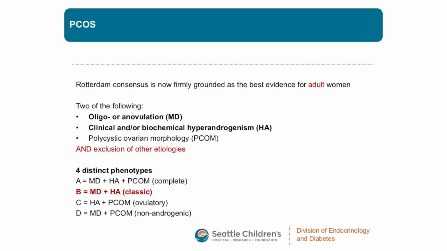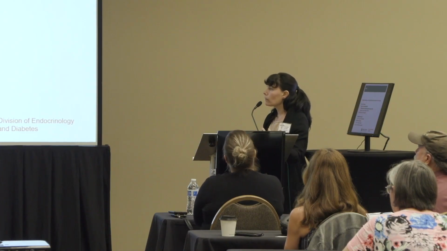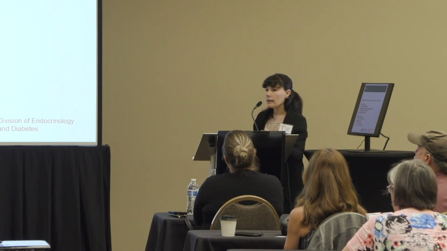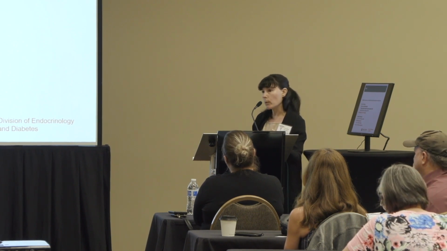There are three classifications for PCOS, and the one more accepted is the Rotterdam criteria. But here's where we have the problem with adolescents when we use this criteria. From this talk, I want you to stay away from thinking that you need an ultrasound, an ovarian ultrasound, to make the diagnosis of PCOS, so that's lesson number 1.